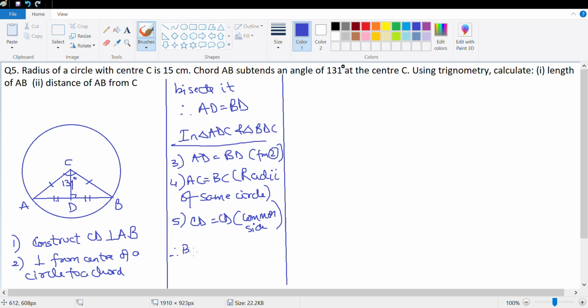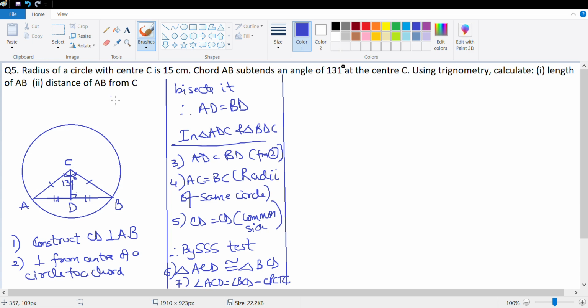Therefore, by SSS test, triangle ACD is congruent to triangle BCD. What it also means is angle ACD is equal to angle BCD. This is CPCTC. Now we know the total angle is 131, which means the half of that angle would be 131 upon 2.